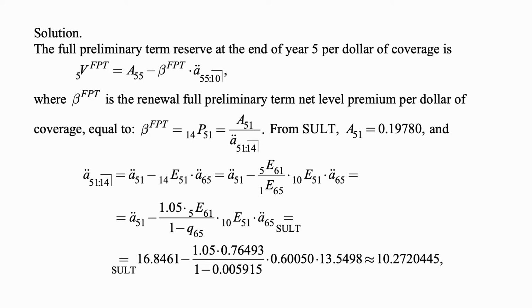1E65 is equal to 1 over 1.05 times P65, which is 1 minus Q65 divided by 1.05. So 1.05 moves to the numerator, and this becomes A51 minus 1.05 times 5E61 over 1 minus Q65 multiplied by 10E51 times A65, and all of this is now in the table.